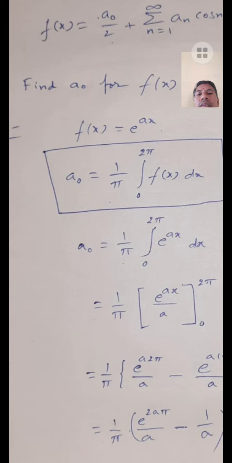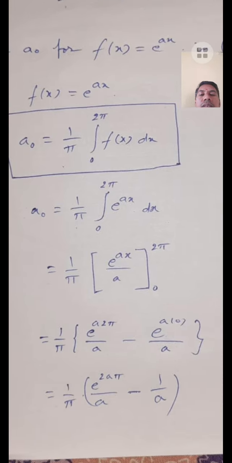So e power ax integration is e power ax by a, and the limits are 0 to 2 pi. For the integration we have limits. So first substitute the upper limit in place of x and write minus and substitute the lower limit.